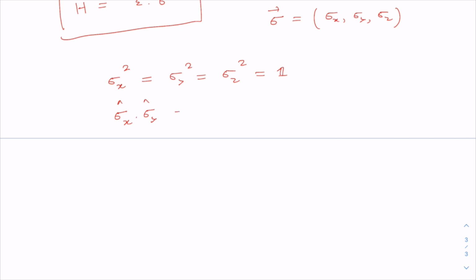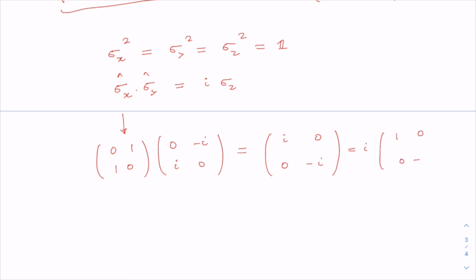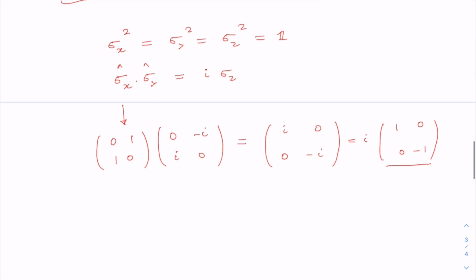So let me write it like this. If you work it out, you will get i sigma z. Let me quickly show you. Sigma x is 0 1 1 0, sigma y is 0 minus i i 0, and if you take the product here, you will get i 0 0 minus i, which you can write as i times 1 0 0 minus 1, and this is nothing but your sigma z.